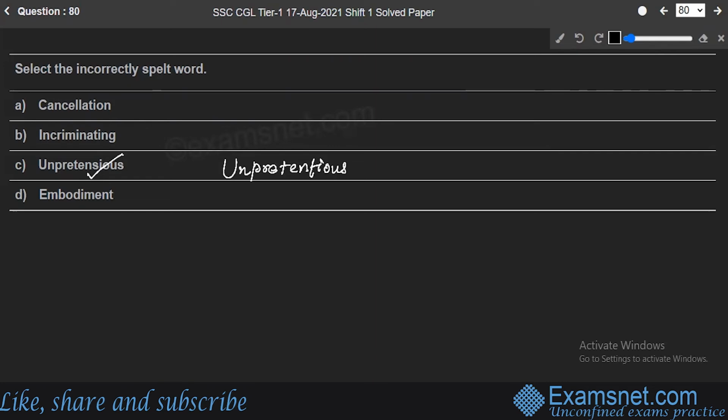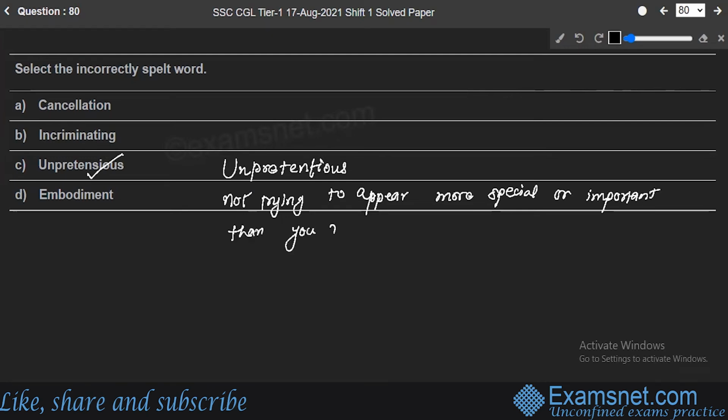What does this word mean? It means someone is not trying to appear more special or important than you really are.